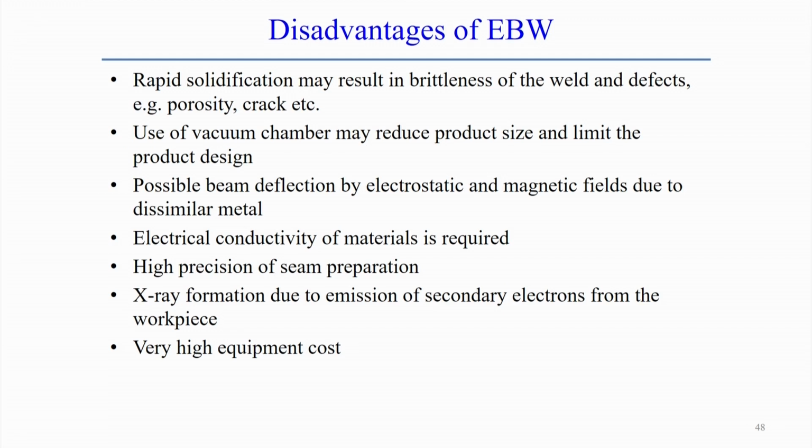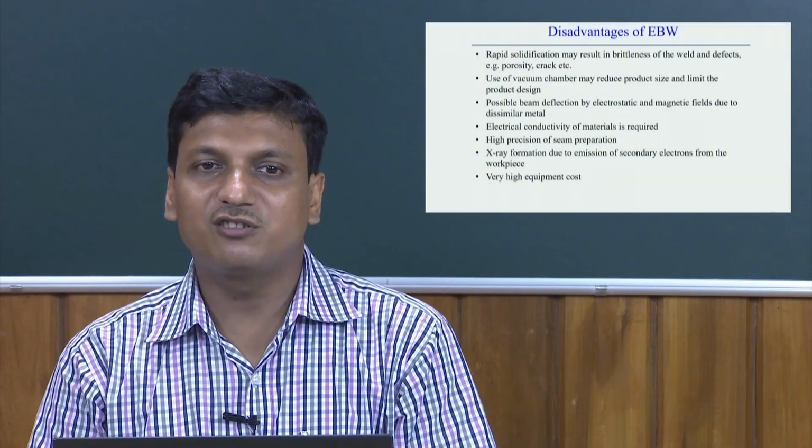Non-conductive materials, which do not have any electrical conductivity, cannot be welded by this process. High precision of the seam preparation is also required: when you try to join the materials, high precision fitting is required to produce a successful weld joint using the electron beam welding process.